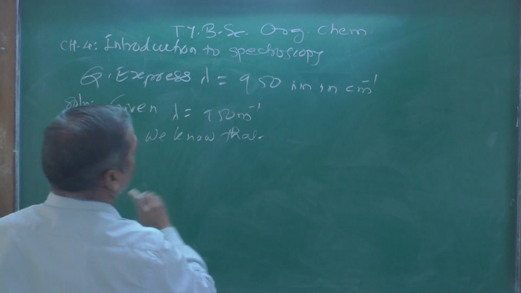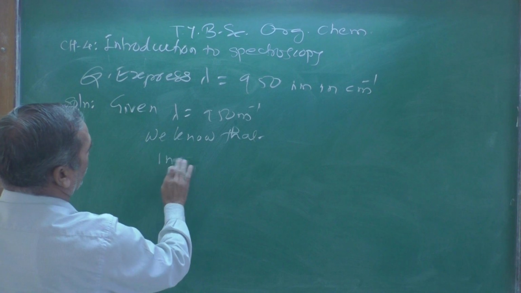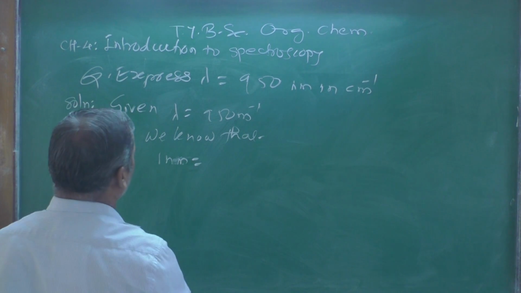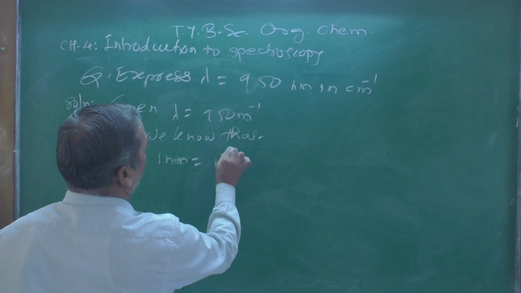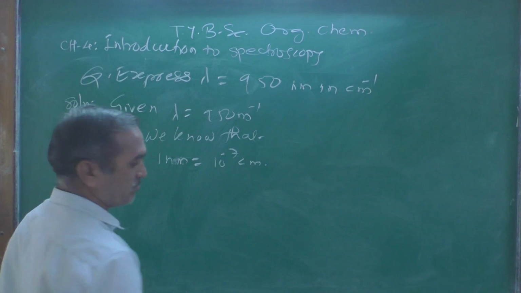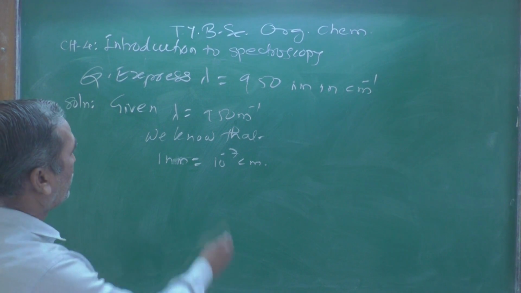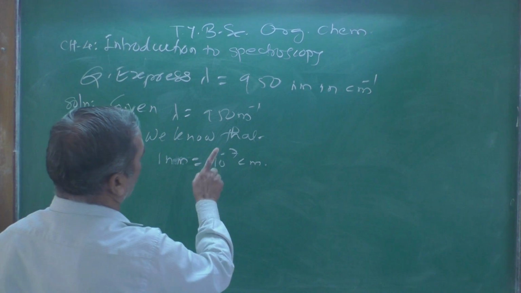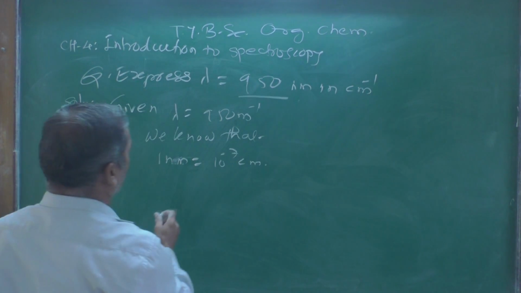We know that 1 nanometer is equal to how much centimeter? That is 10 raised to minus 7 centimeter, which is a standard relation. How much nanometer is given?